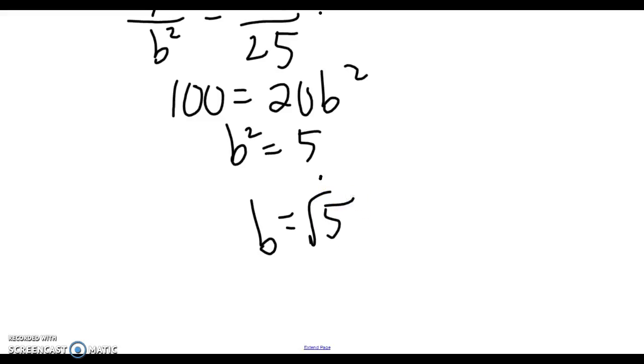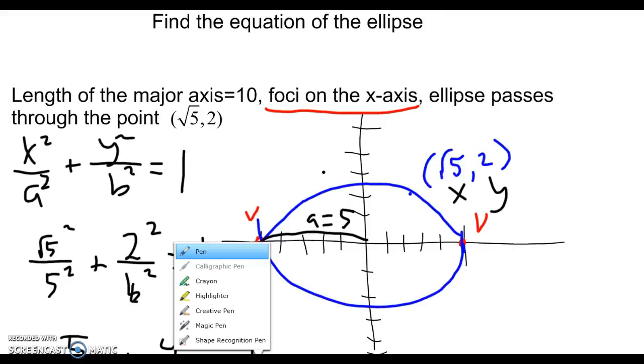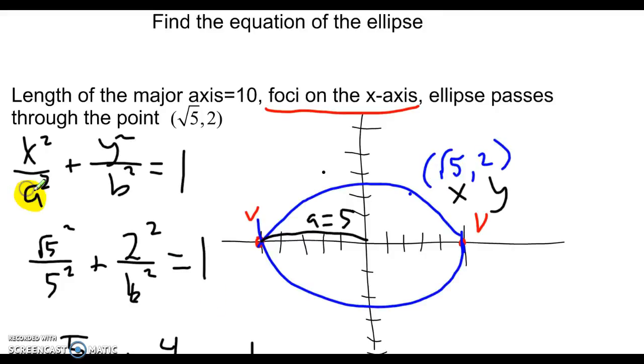Once you have b, we really have our equation, because all you need is a and b to write your equation. We know that x and y are just x and y there, so we'd have x squared over a squared, which is 25, plus y squared over b squared, and b was square root of 5, so square root of 5 squared is 5, equals 1.